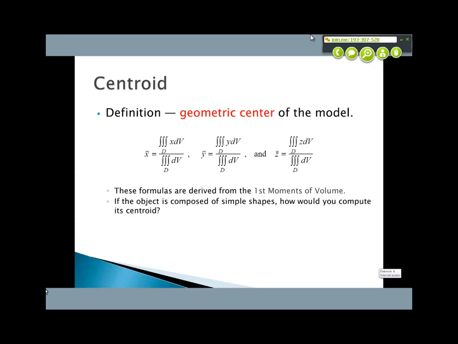The thing that I want you to be thinking about as we're going through these slides is this last bullet. If the object is composed of simple shapes, how would you compute its centroid? Well, you're not going to use triple integration, you're going to use some type of summation of these simple blocks or cylinders or whatever it is.